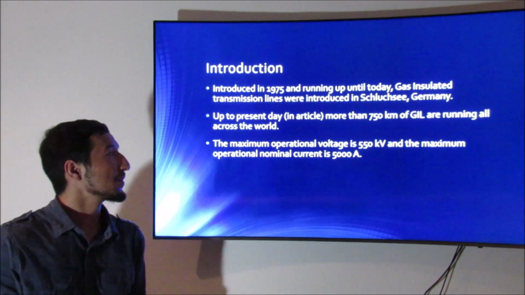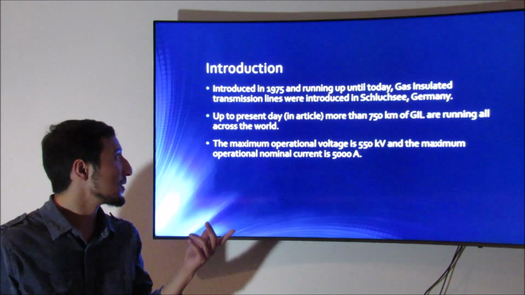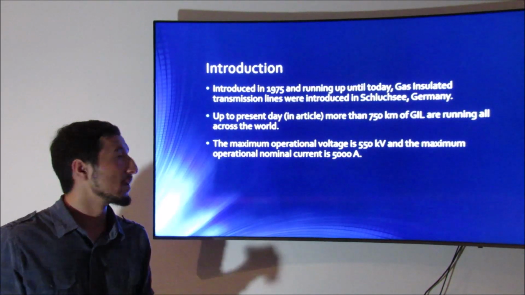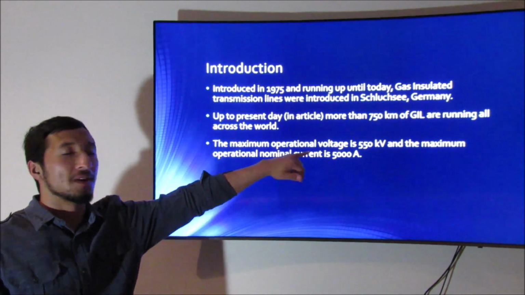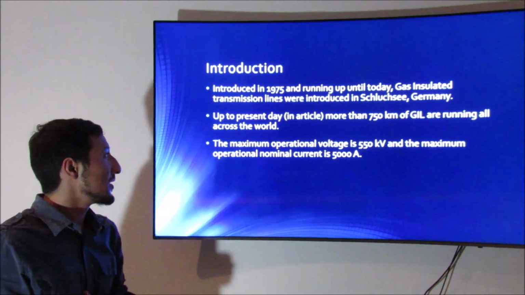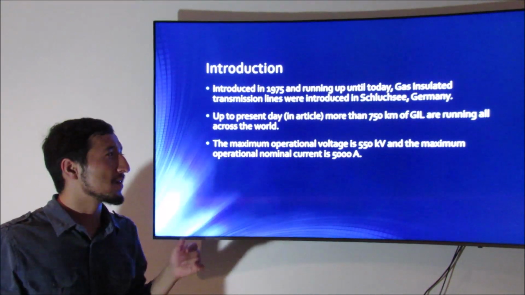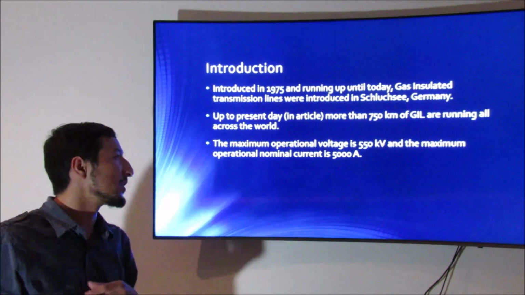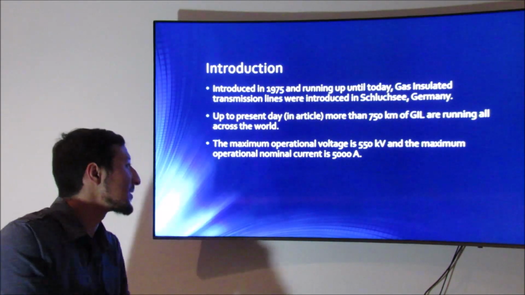So for the introduction on the gas insulated lines, they were introduced in 1975 in Germany, and they are still running up until present day. Actually, more than 750 kilometers of gas insulated lines are running all across the world, and the maximum operational voltage for these is 550 kilovolts, with a maximum operating current of 5,000 amps.